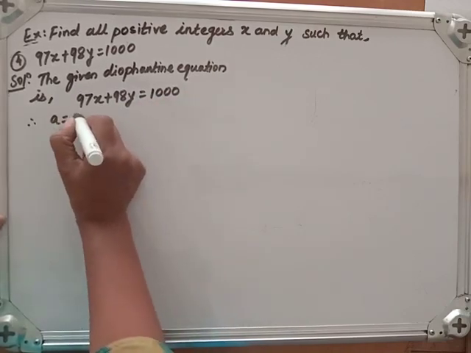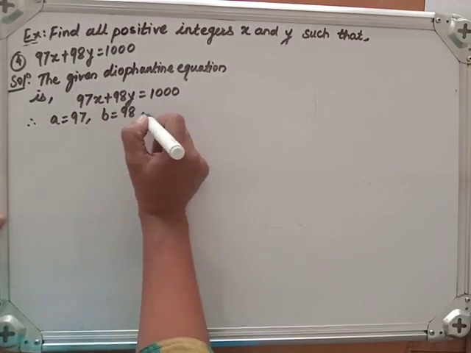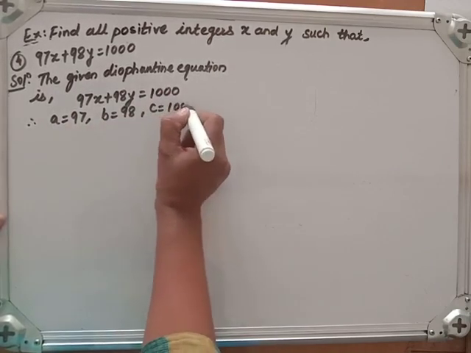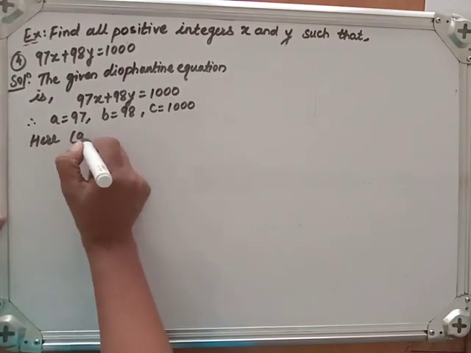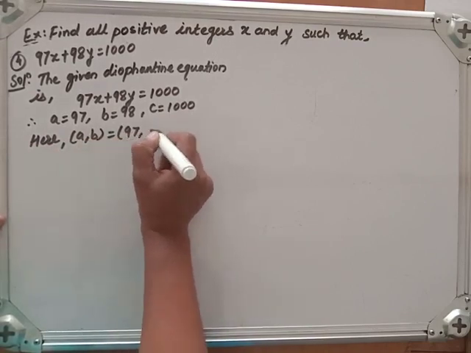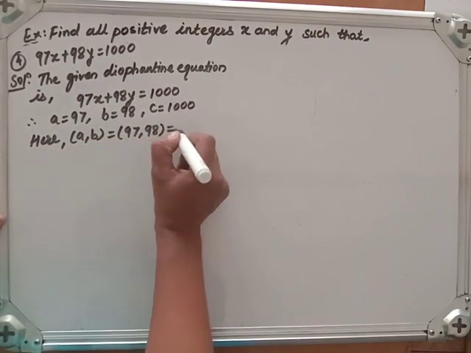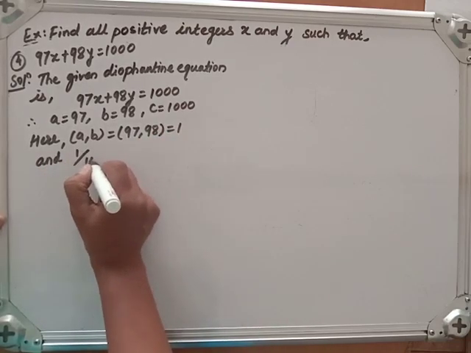Therefore, A is equal to 97, B is equal to 98 and C is equal to 1000. Here the GCD of A and B, that is GCD of 97 and 98, is 1, and 1 divides 1000.